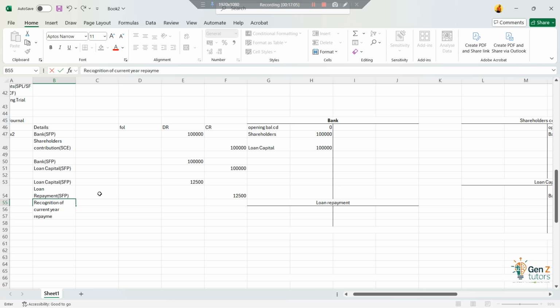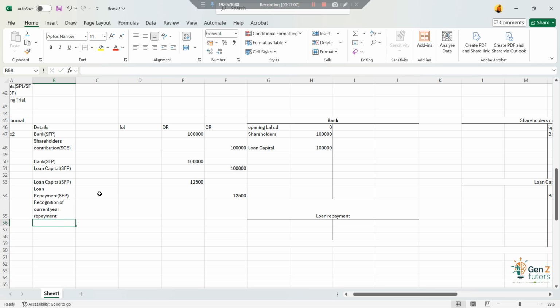This is a current liability, I mean, you understand? So now also I want you to take into account this is for this year. Recognition of current year repayment.